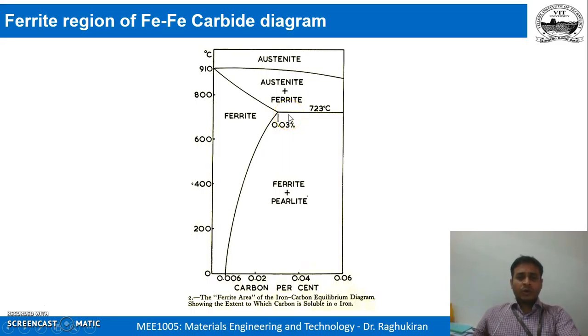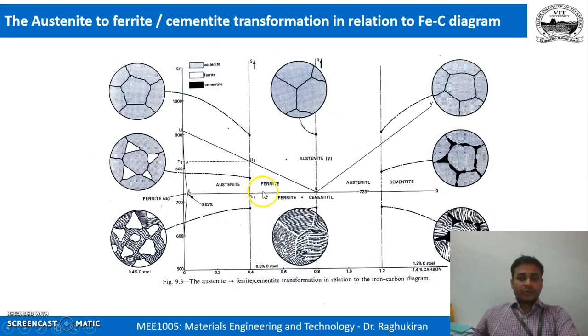Of course, this is the left-hand bottom side of the partially rendered equilibrium phase diagram, where if you want to see the ferrite, at room temperature the maximum carbon that can go into the iron is only 0.008%. So let us discuss the rest of the things in the next module.